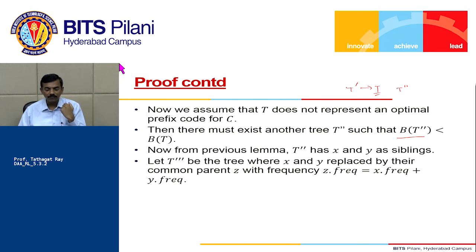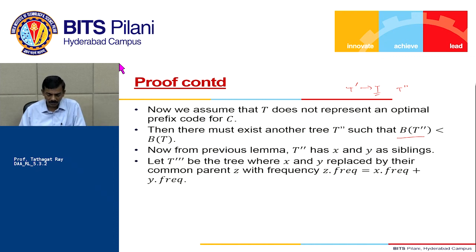So let's say I form another tree T triple prime where x and y are replaced by their common parent z with this frequency.